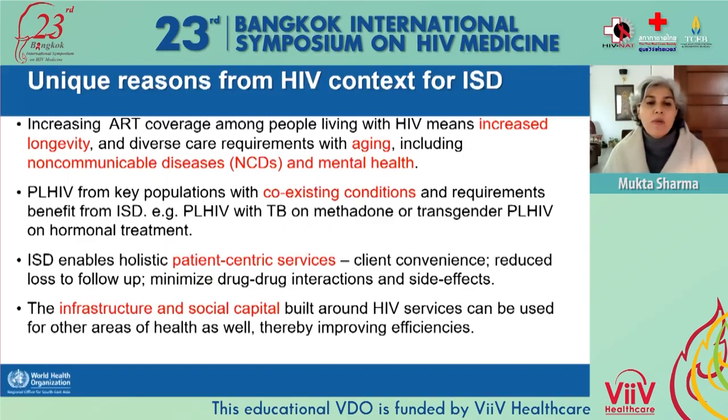So you could very easily have people living with HIV who have multiple health needs. And I give you the example of a PLHIV with TB who's also using methadone, or a transgender person living with HIV who is on hormonal treatment. Integrated service delivery enables holistic, patient-centric services.